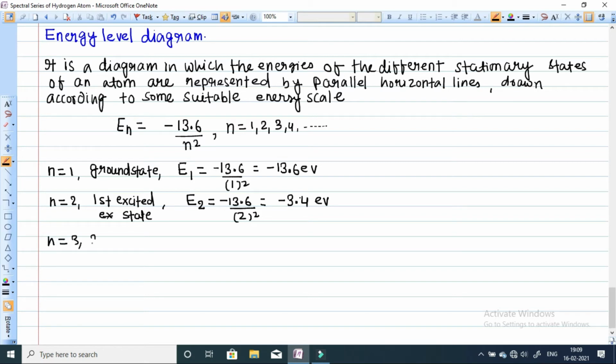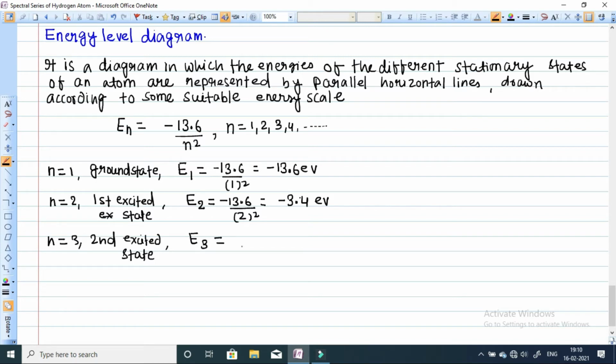Similarly, n equals 3 is your second excited state. All these represent excited states. In this second excited state, we can calculate the energy by the same formula, En equals minus 13.6 divided by n square.